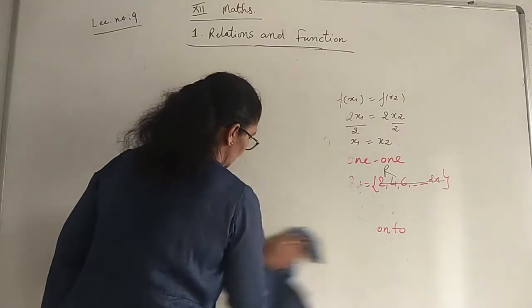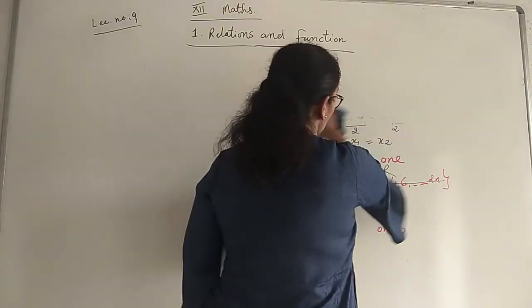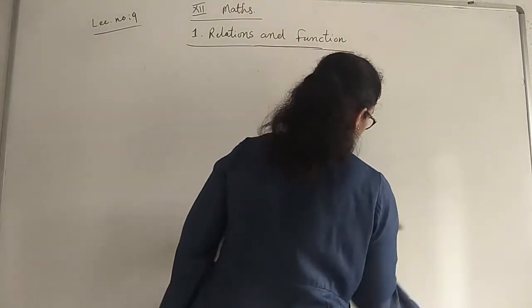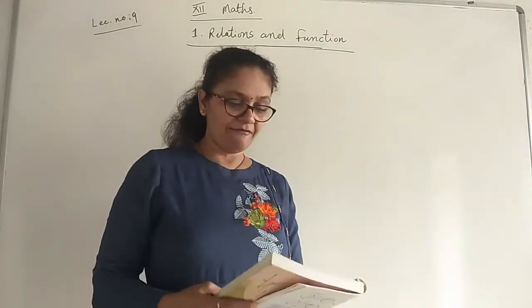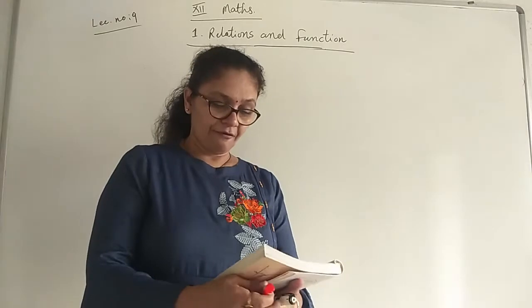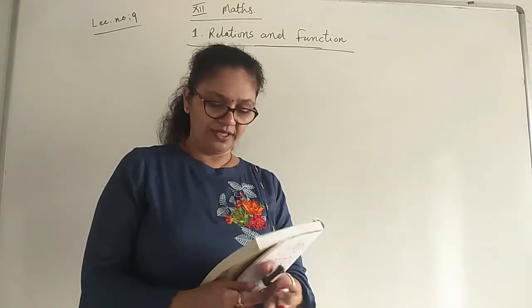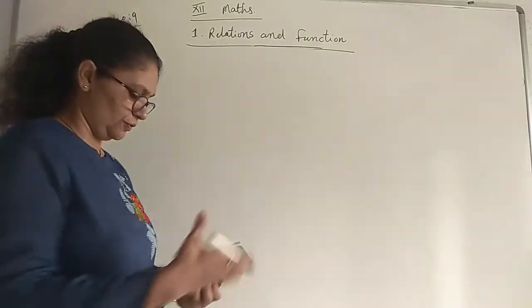Okay, let's come to the next question. Our next question is the 10th one. f from N to N. f of 1 and f of 2 are 1, given in the question only.